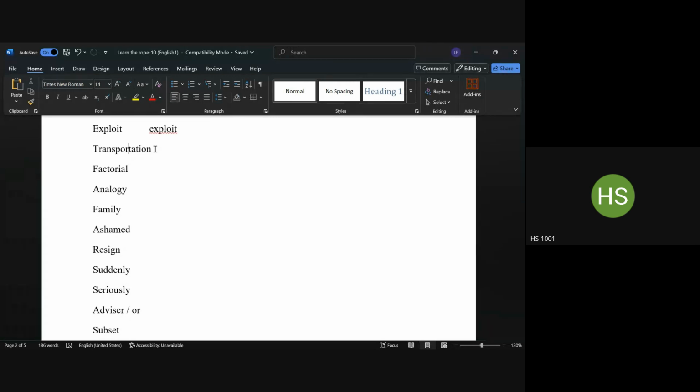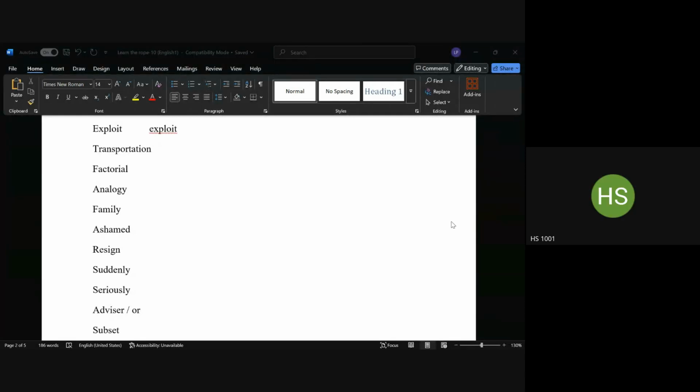Factorial. Okay. Then analogy. So it has a logy suffix. How does it behave? LOGY, GRAPHY, how do those suffixes behave? They usually take the stress right before one of these suffixes, again penultimate. They also behave like shun.